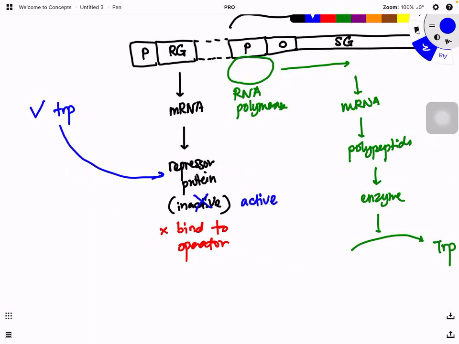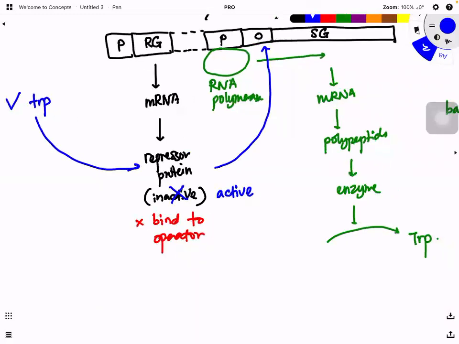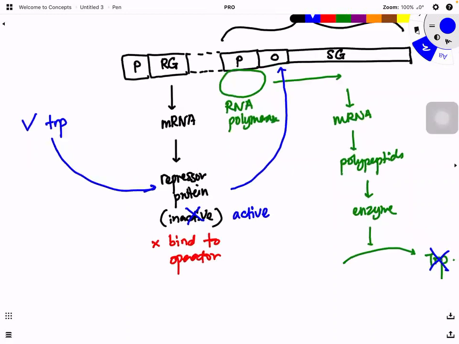When it becomes active, this repressor protein will bind to the operator and stop the binding of the RNA polymerase. So you are going to stop the production of tryptophan, which makes sense because when you put the bacteria in a medium that contains tryptophan, they do not need to produce the enzymes that help to synthesize tryptophan.